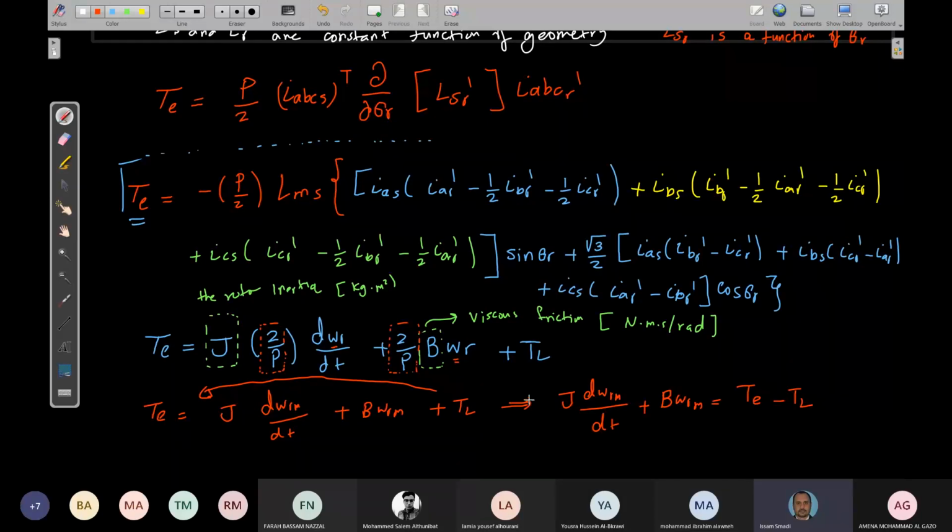I hope you pay attention to the number of poles, or the difference between the electrical speed and the mechanical speed. I will recall that the mechanical speed is something that we can see, the mechanical rotation. One rotation is 2 pi.